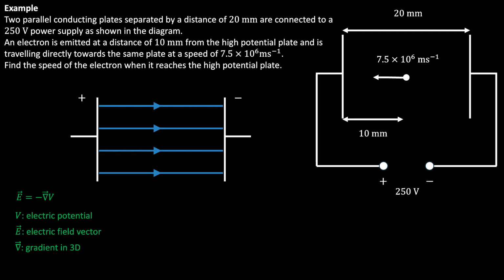In one dimension, if we work with an x-axis, with the x-axis to the right, we can write this equation as E subscript x equals minus dV by dx. Ex is the component of the electric field along the x-axis, and dV by dx is the component of the gradient of the potential along the x-axis.